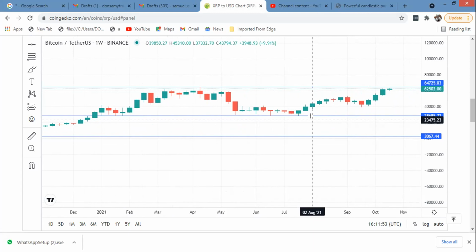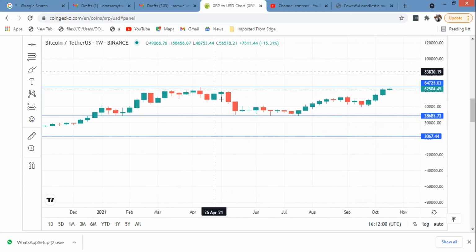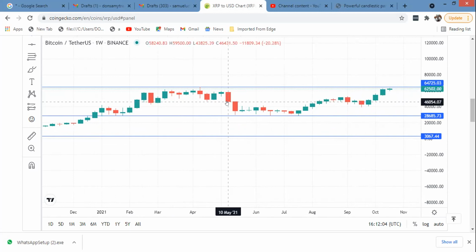So whenever you open your Binance account or any other crypto platform you're using, once you see all these candles, they represent the behavior of price in a certain period, be it 1 hour, 5 minutes or 30 minutes. What it means is, what did the price do at that particular time?